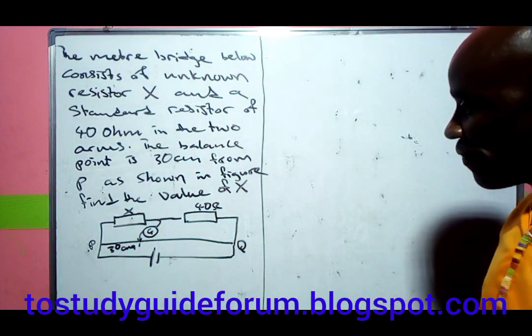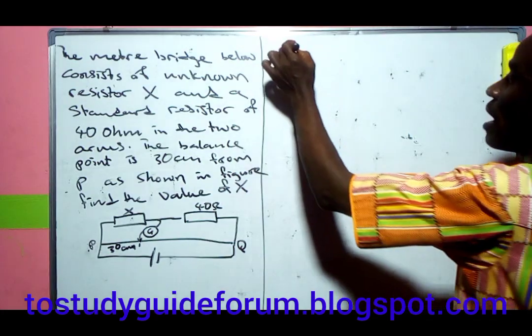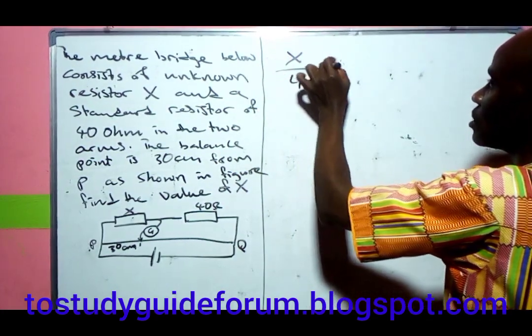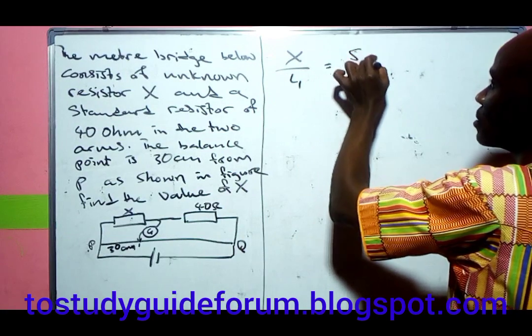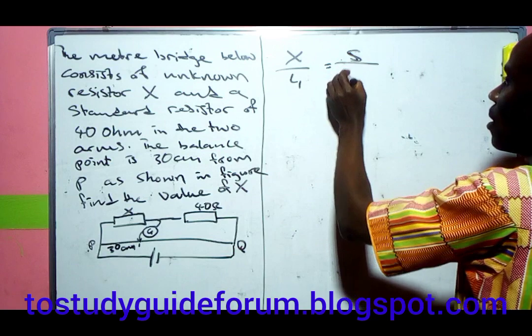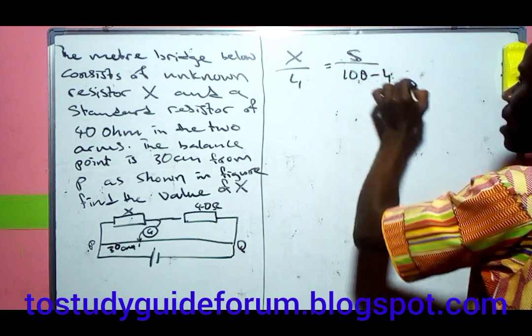In finding the value of X, like we have already stated, the relation is L1 equals x over 100 minus L1.